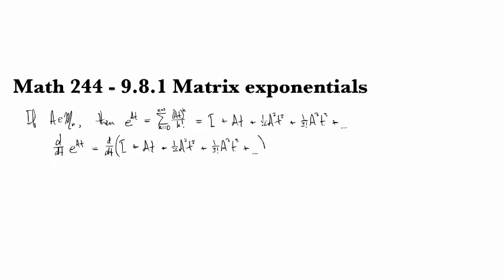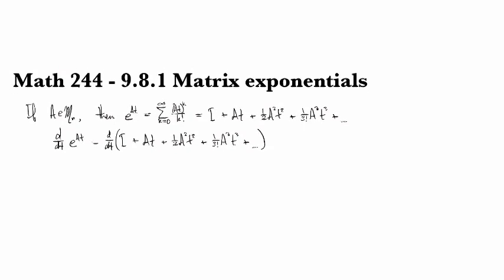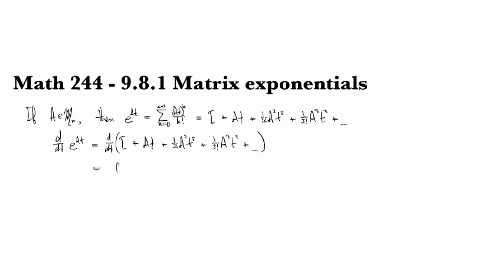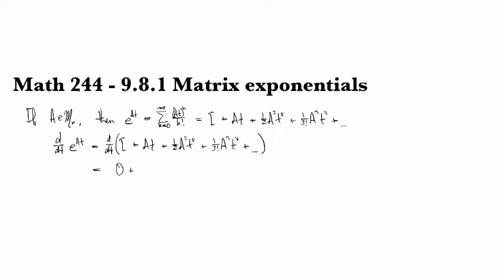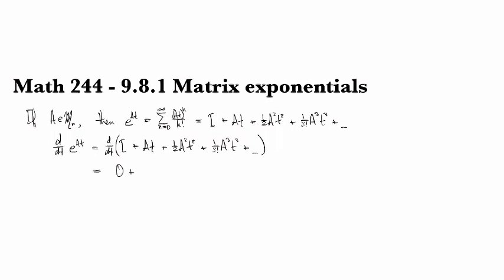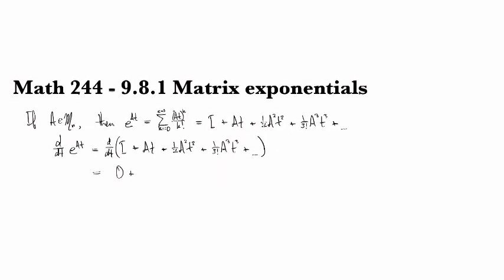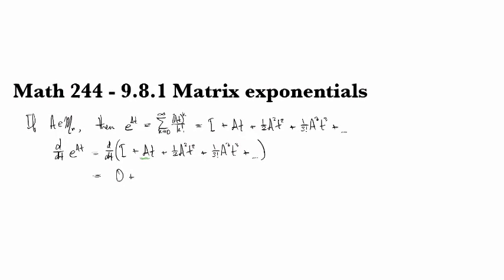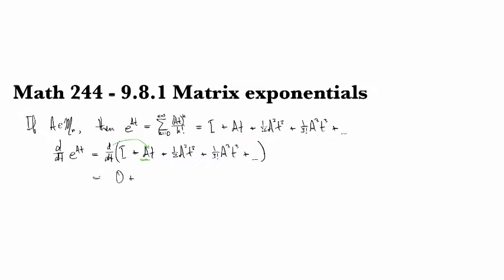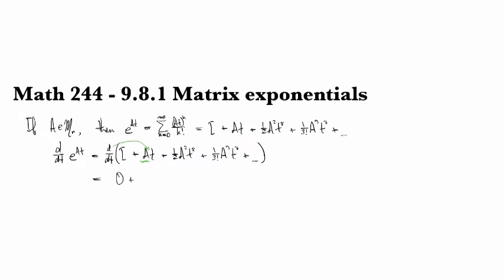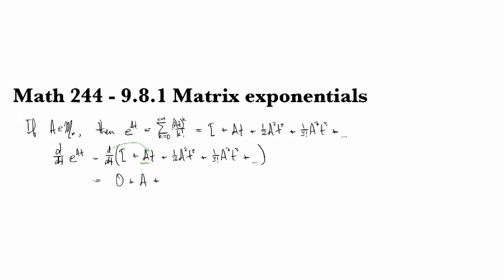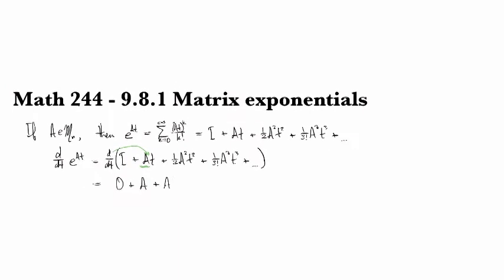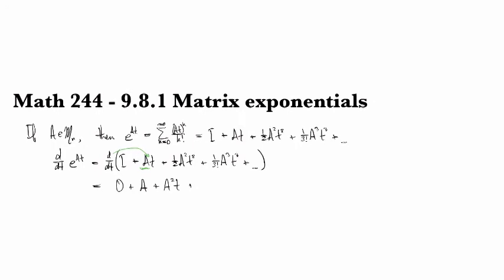When we apply the derivative, the derivative of I is just a constant, so that goes away. Then the derivative operator ignores the matrix A, because it's a matrix of constants. It's just going to attack the t. And so we'll get A. And then it's going to differentiate 1/2 t squared to become t in the next term, and so forth.